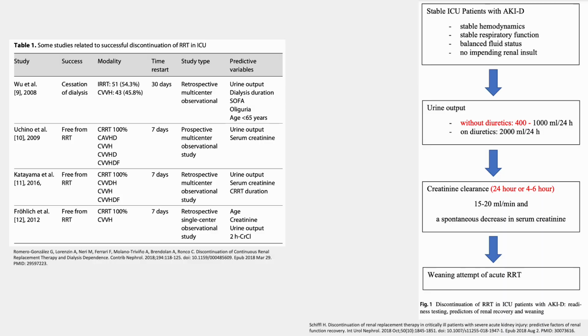So these different studies highlight that urine output is an important prognostic factor of being able to come off renal replacement therapy. And oftentimes, practically, what happens is that the solute and fluid status is monitored between episodes of renal replacement therapy. And sometimes this time window is stretched, and patients are monitored and sometimes gradually weaned off.